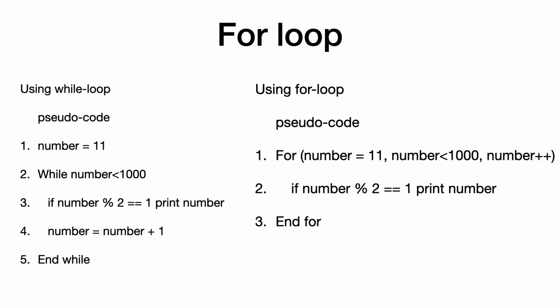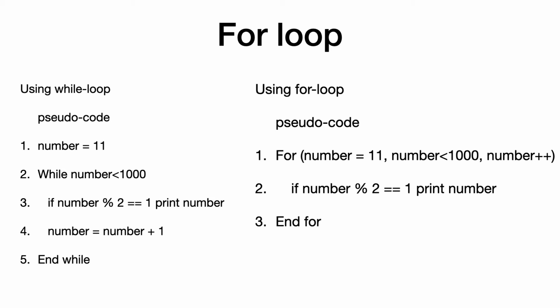So let's now see both solutions, the while loop and the for loop. As you can see, in the while loop, we need to initialize the variable before the while. That type of variable that we use to control how many iterations the loop will have, we call a control variable.